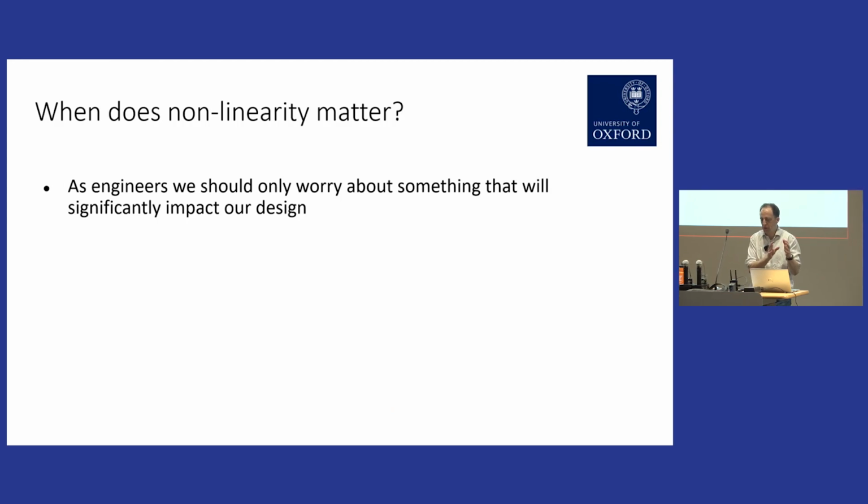Otherwise, we're putting time where it's not really valuable, and we might be making a process more complicated. As soon as we make a process more complicated, it's easier to make a mistake. It's harder for other people to scrutinize it. So if we can get away with a simpler process, we should.